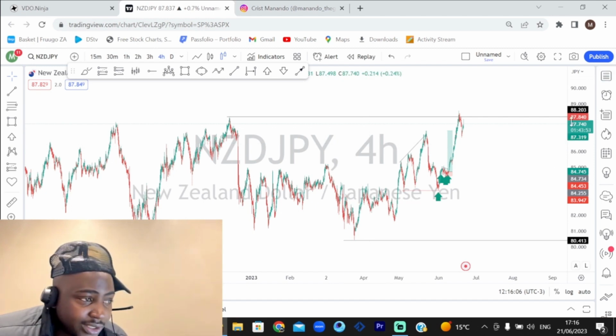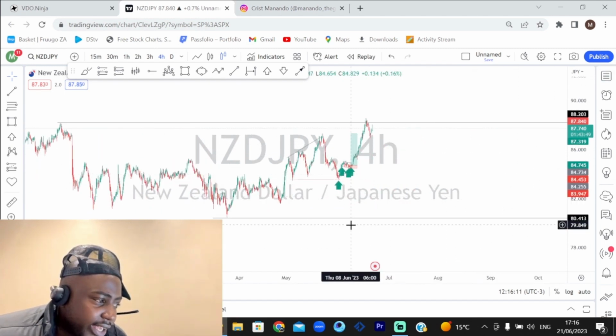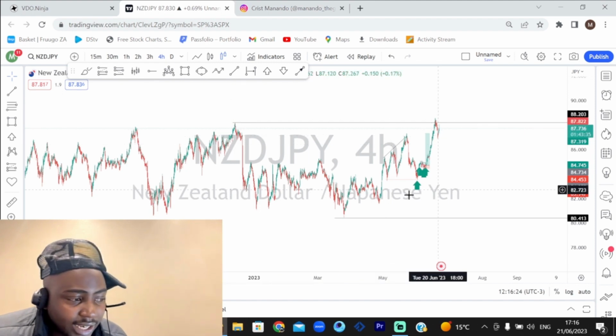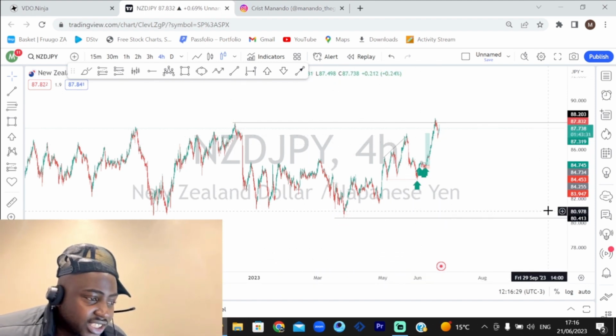So this was basically the first setup that I had. Let's quickly recap. You can see we had our highest points, this horizontal line right here pointing out our highest high, and we have our lowest low, our main support.